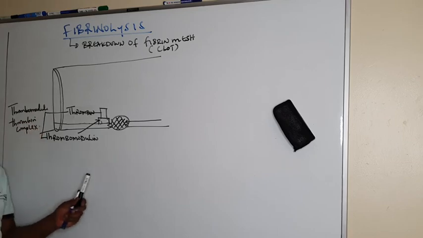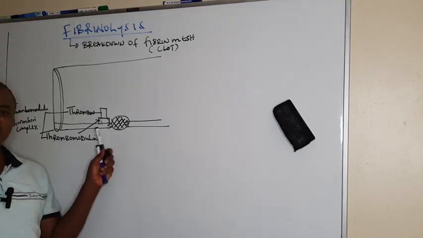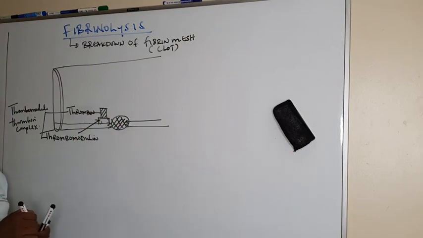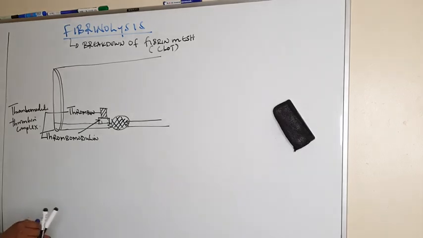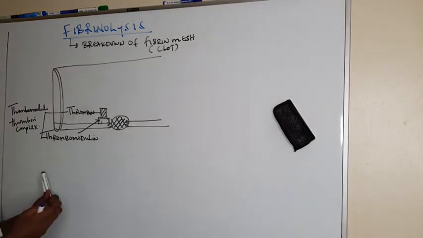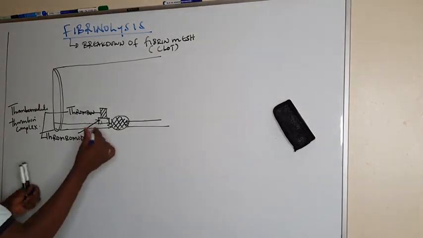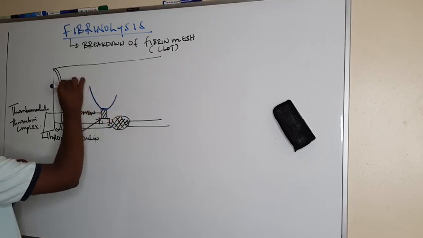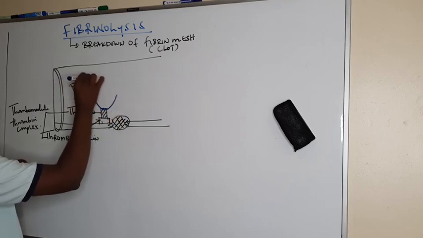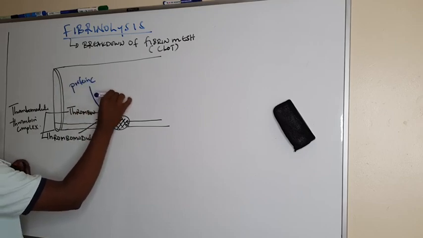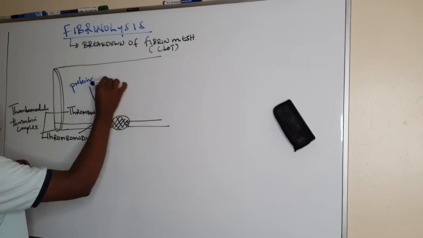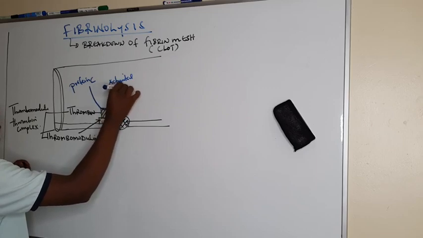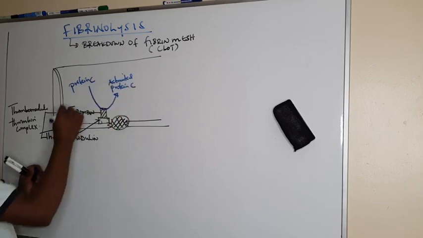And it is this complex formed at the site of the tissue injury that is going to activate protein C. Protein C and thrombin are all produced by the liver. So we always have protein C which is inactive.